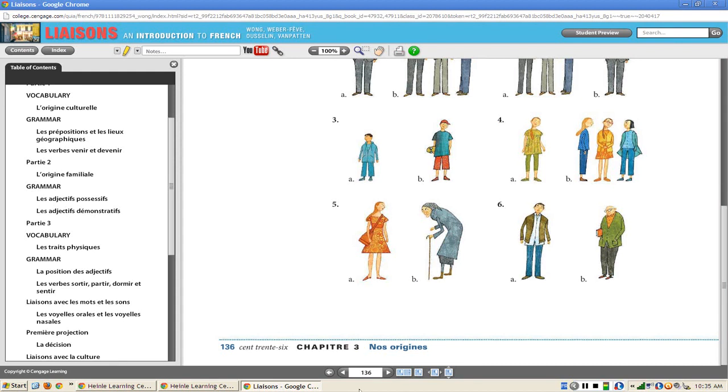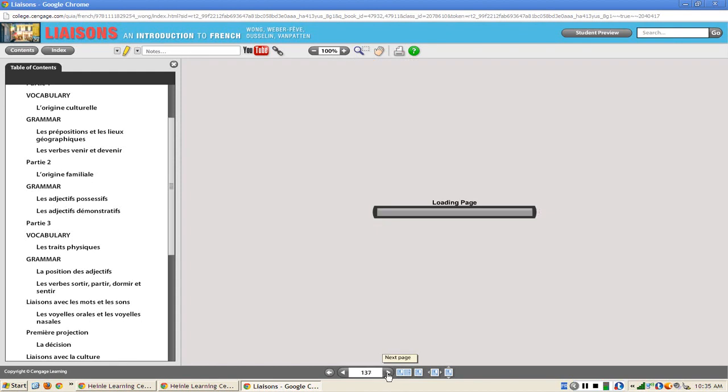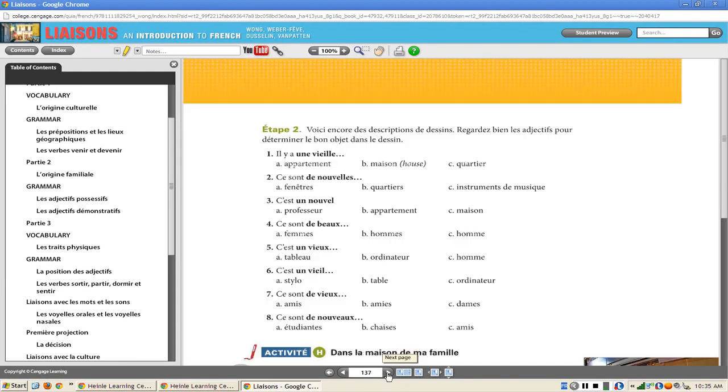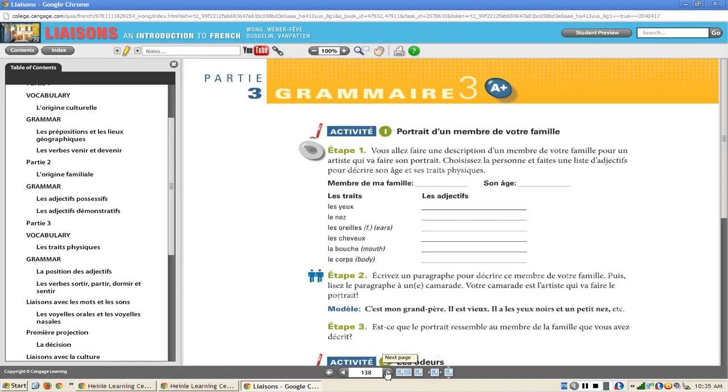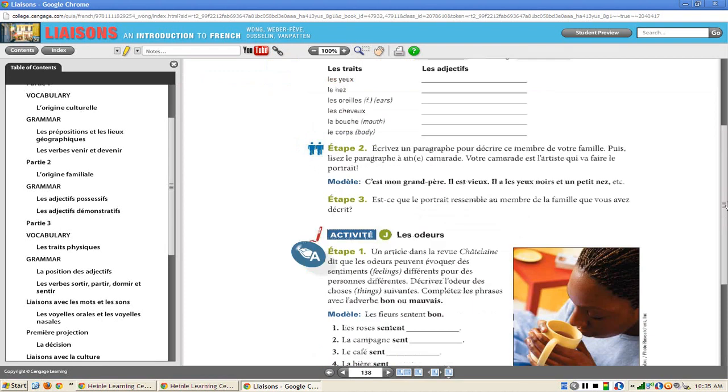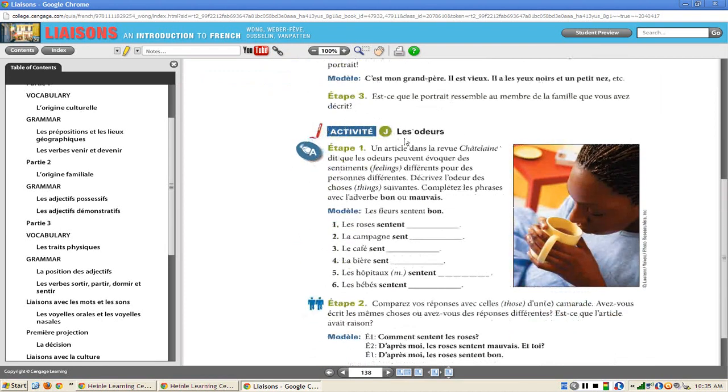So you'll be using these new conjugations and their new meanings in activities starting, let's see, I think it's J, A, B, C, D, E, F, G. Voilà. À partir de J, les odeurs. Un article dans la revue Châtelaine dit que les odeurs peuvent évoquer des sentiments différents pour des personnes différentes.